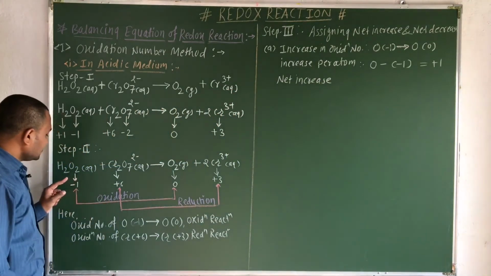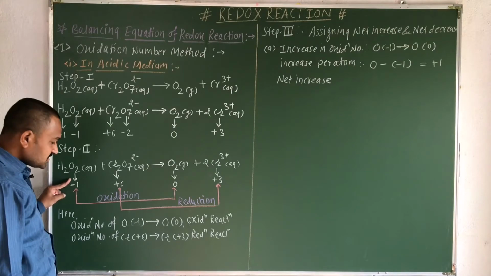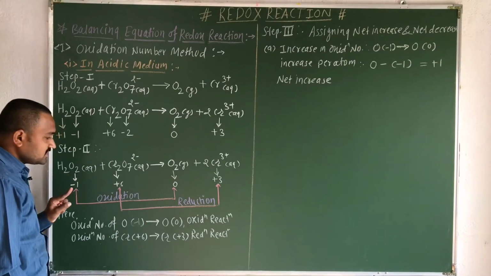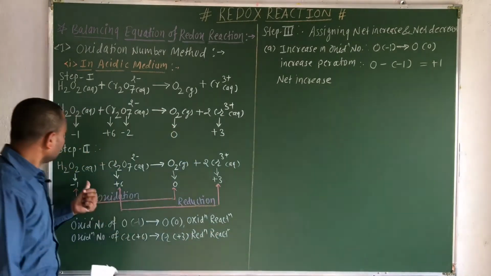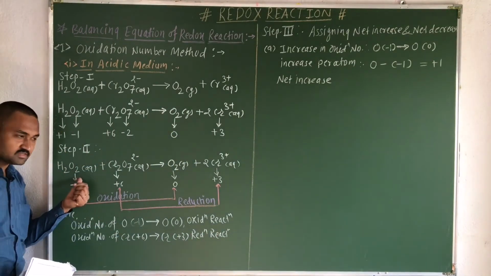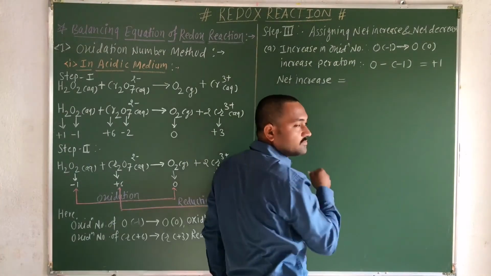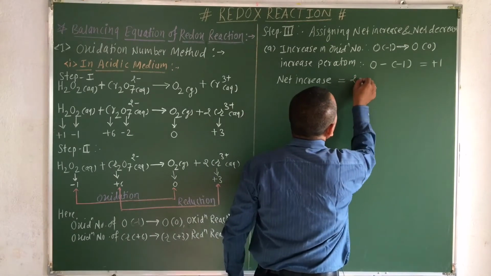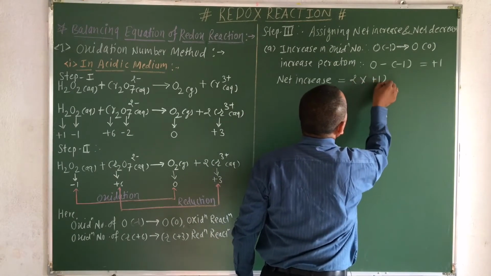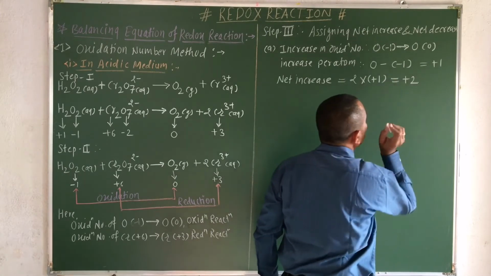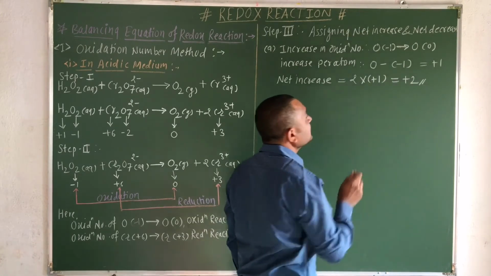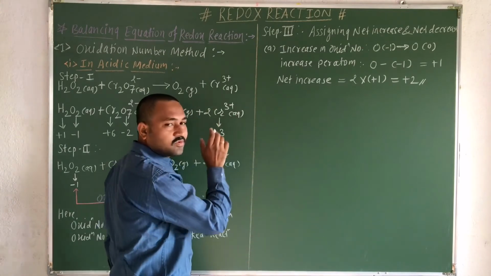If for one oxygen atom the oxidation number increases by +1, now as we know that there are 2 oxygen atoms, is it right? Therefore net increase will be equal to 2 into +1, that will be equal to +2. So that is nothing but your net increase. Remember, it is a very important step one.